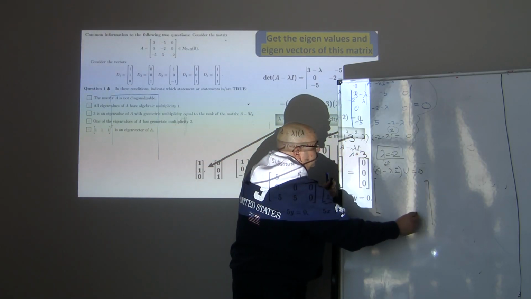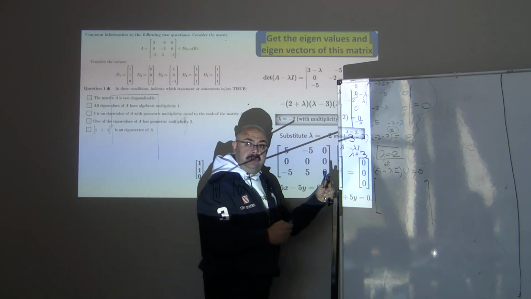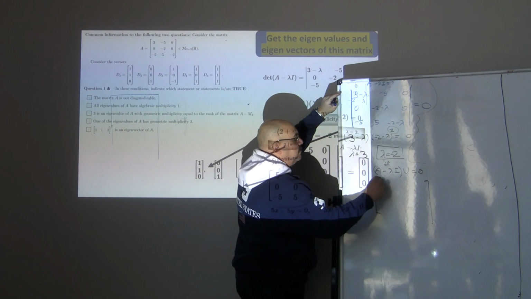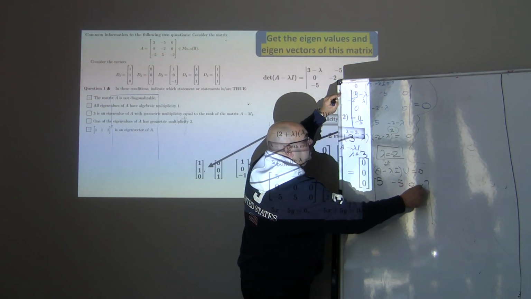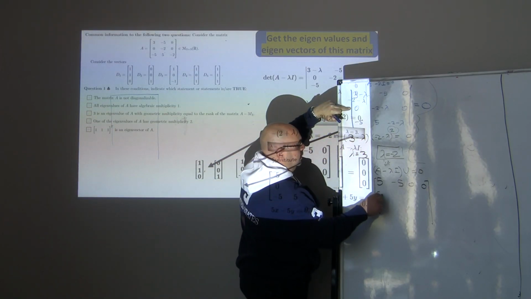Then I will use now the value of lambda equal to negative 2. Make the substitutions. So 3 minus negative 2, it's going to be 5. Then I will have negative 5, 0 and 0 for the second row. It will start with 0.